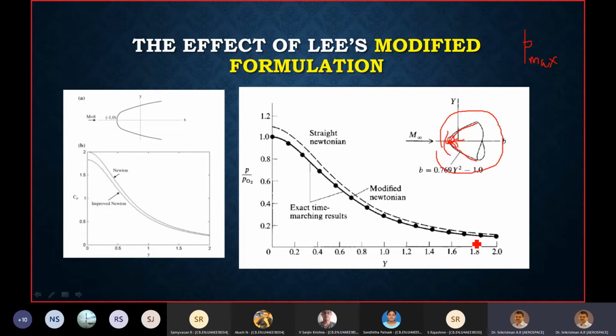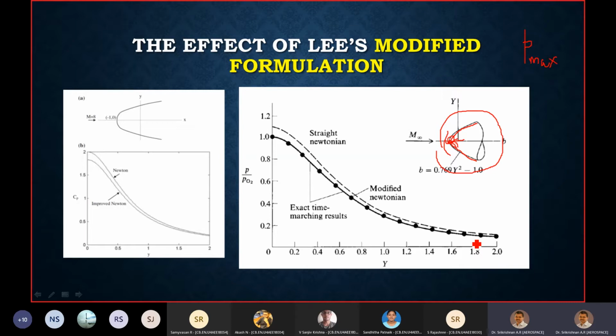So what Lee proposed is that at the leading edge, the tip of the body, we can take P max, or rather we can calculate Cp max based on P max.